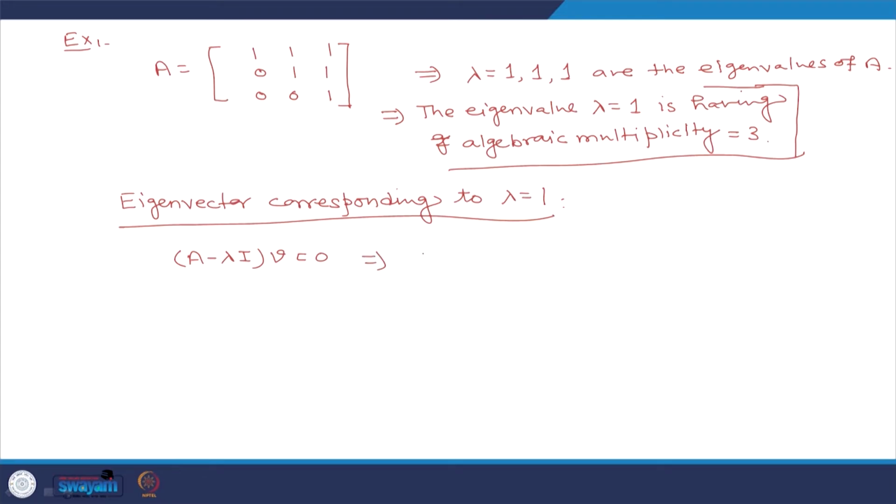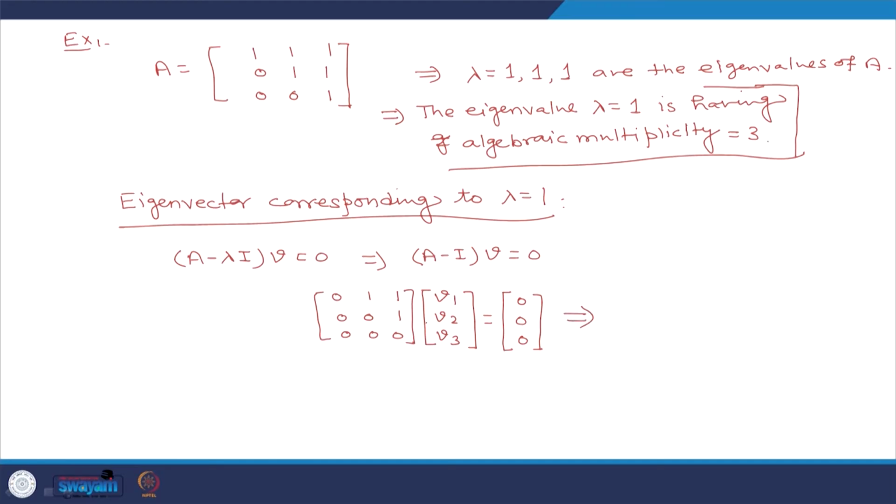Here lambda is 1, so A minus I times V equals 0. Now, let me write in matrix form. A minus I becomes 0 1 1, 0 0 1, 0 0 0, times V1 V2 V3, equals 0 0 0.